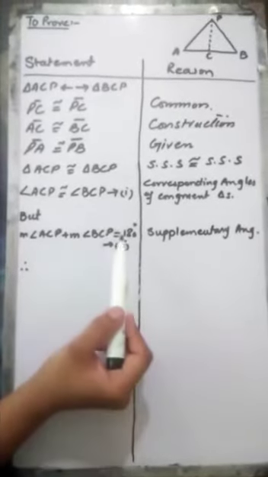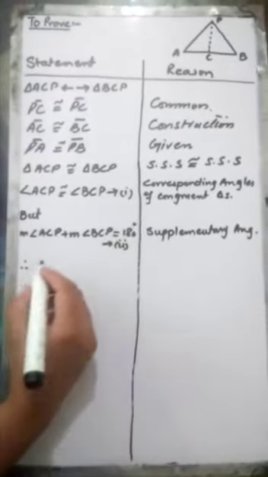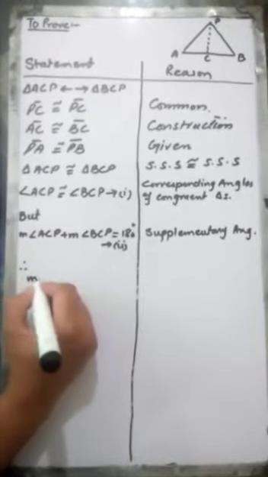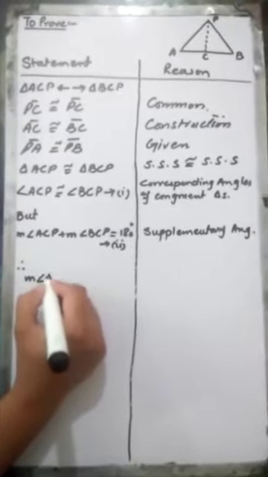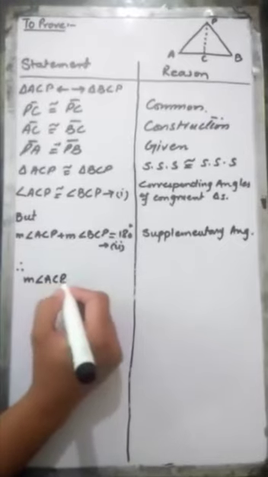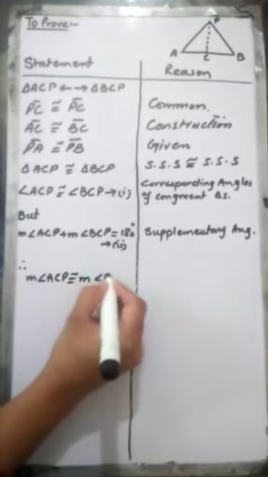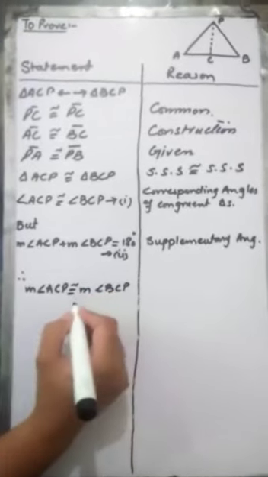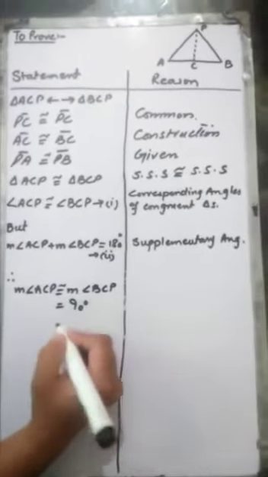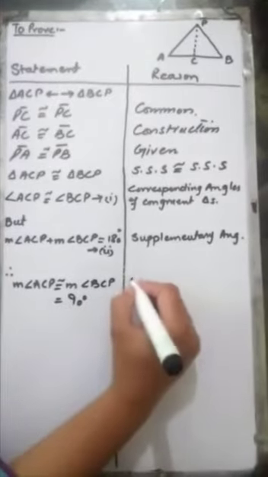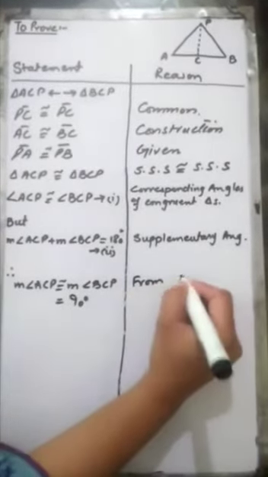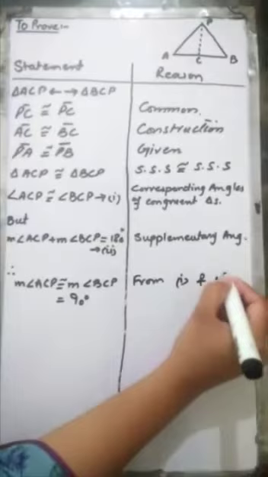So 90 plus 90 is 180. So we can write therefore measure of angle ACP is congruent to measure of angle BCP, which is equal to 90 degrees. And what will be the reason? From 1 and 2.